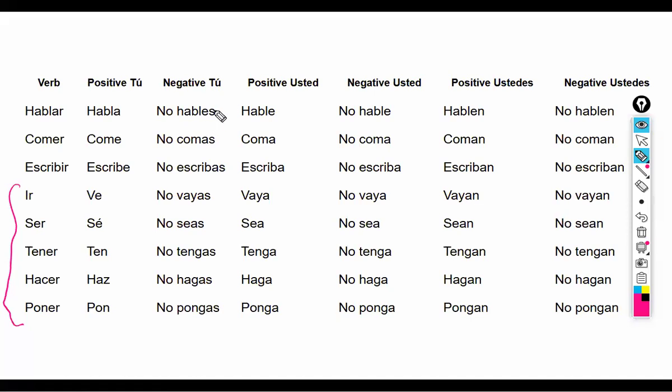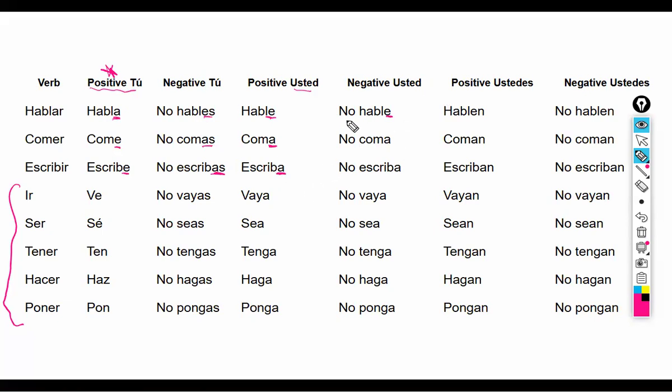You tell your friend not to speak, you use the opposite ending. No hables. So here we have e. No hables, no comas, no escribas. Right? And this is the only one. This positive tú command is the only one that doesn't follow the same pattern of forming the commands. For usted, we add e for AR verbs, and we add a to the ER and IR verbs.